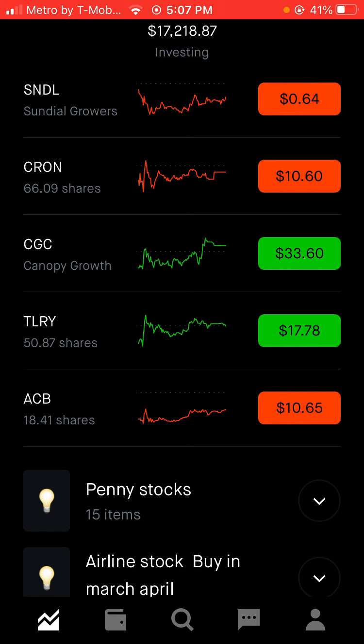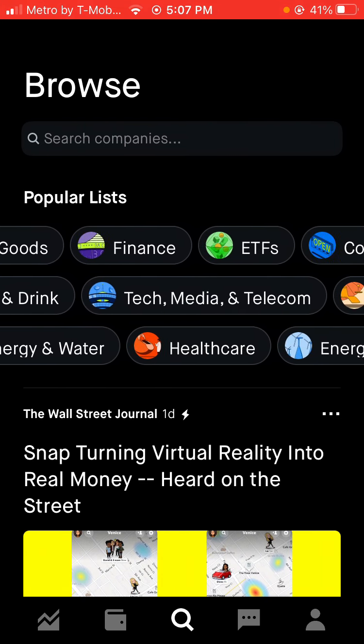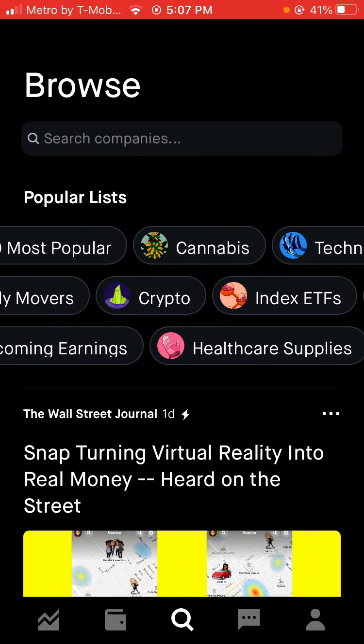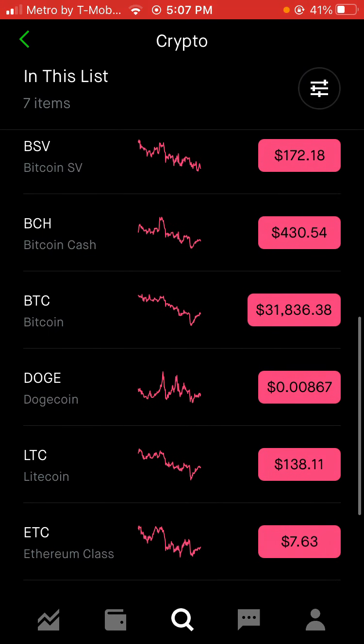So, okay, I'm gonna show you this whole thing. If we go to the middle button, this is, if you don't know what stocks to buy or the name of it to type in, you can just look in here. This is all the crypto.